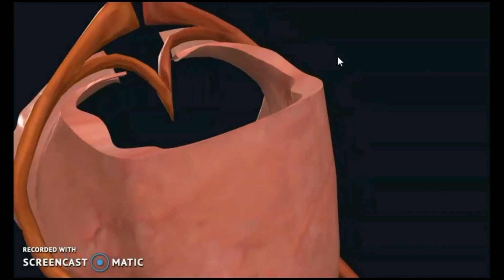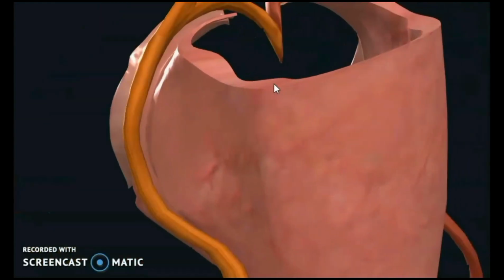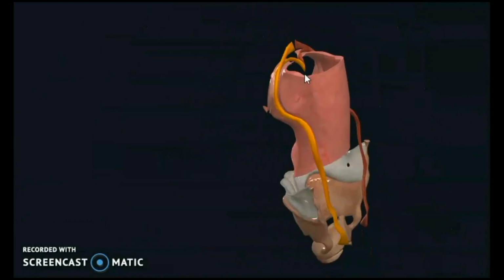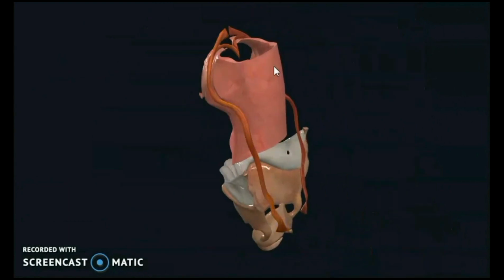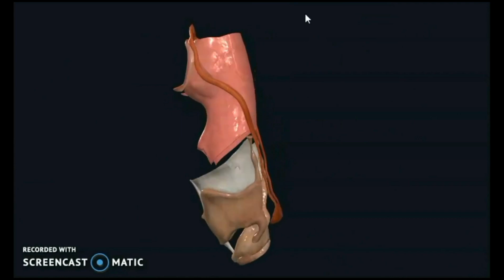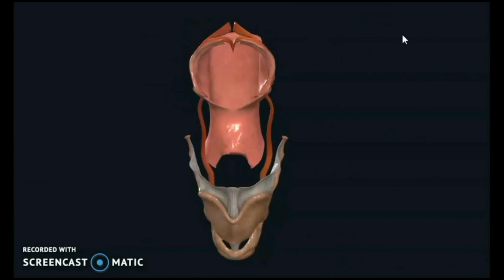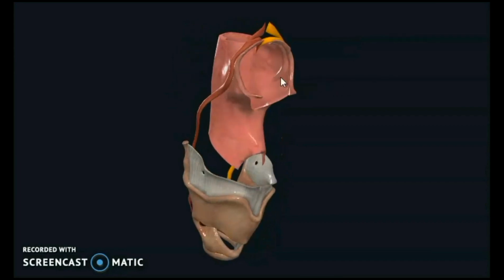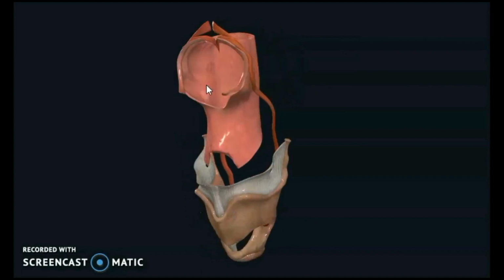So these two fasciculi join and run, and this palatopharyngeus also forms the posterior pillar of the tonsillar fossa. So it goes and inserts into the posterior border of the lamina of thyroid cartilage, and it elevates the pharynx during deglutition.